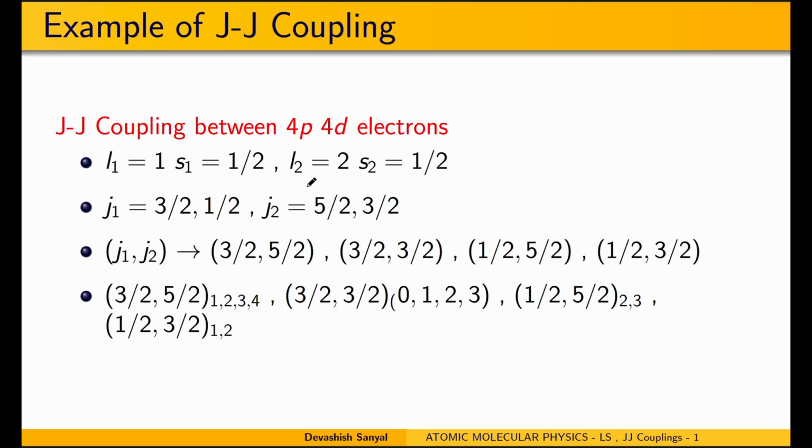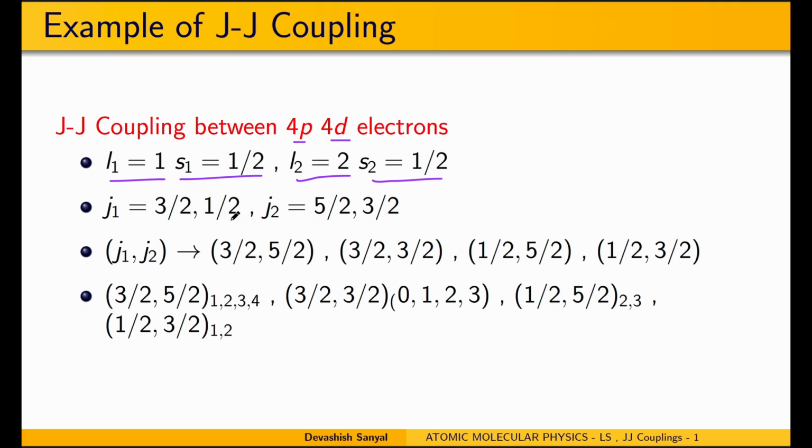So let us see JJ coupling for two electrons: one is a 4p electron and the other a 4d electron. For the p electron, L1 is 1 and S1 is half. For the d electron, L2 is 2 and S2 is half.